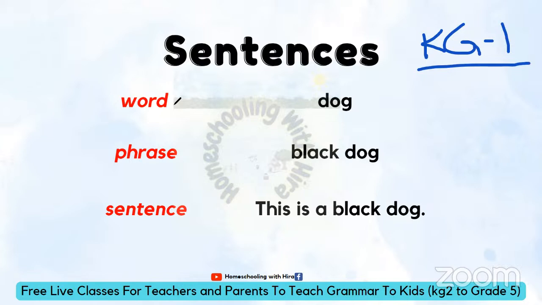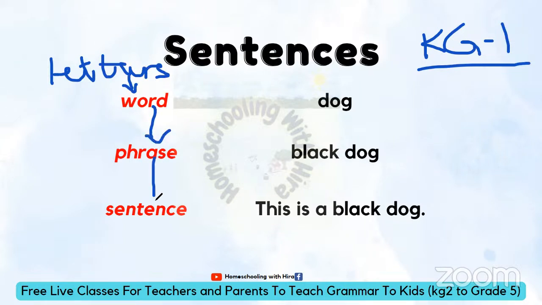So if we look at the sentence structure, we begin with letters. Letters form words, words form phrases, and then phrases form sentences. For example, D plus O plus G are some letters together. They made a word which can represent something or make sense.